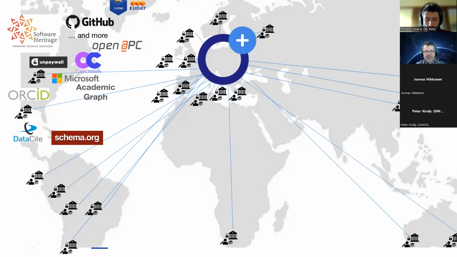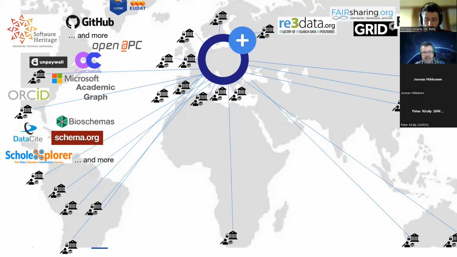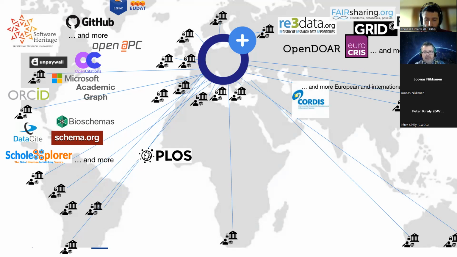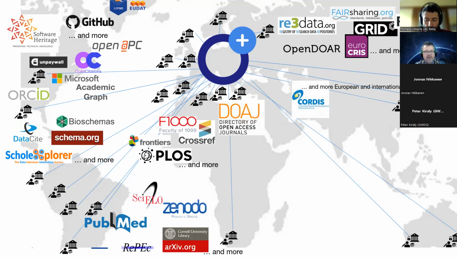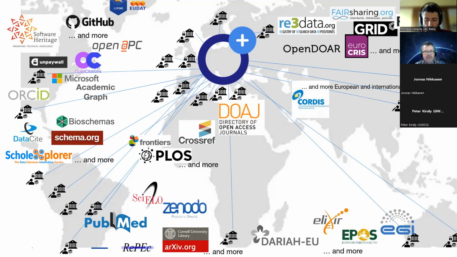OpenCitations, I have seen Silvio here, is well known, but also OpenAPC, and also other formats, from the BioSchemas, schema.org. We collect information on a weekly basis from registries: re3data, FAIRsharing, EuroCRIS, GRID, ROR, and so on.